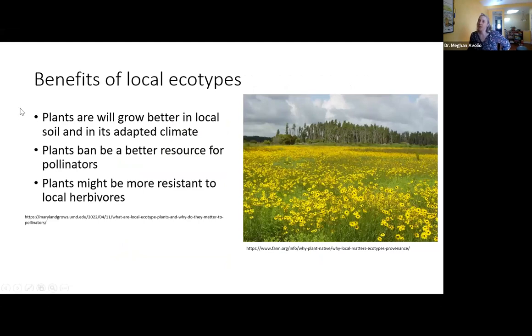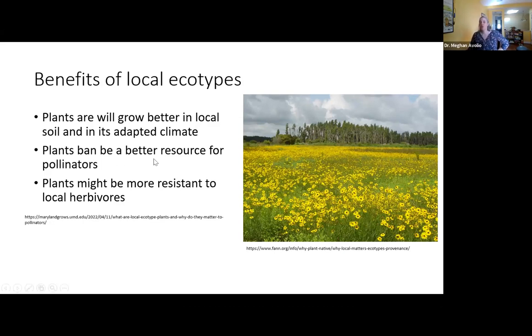When thinking about ecotypes, there's lots of benefits to using local ecotypes. I've taken a lot of this information from Extension Outreach from University of Maryland. It's thought that local ecotypes are better able to grow in local soil and climate conditions, right? They've evolved to these soil conditions, they've evolved to this climate condition through natural selection, so they're going to be better able to persist.